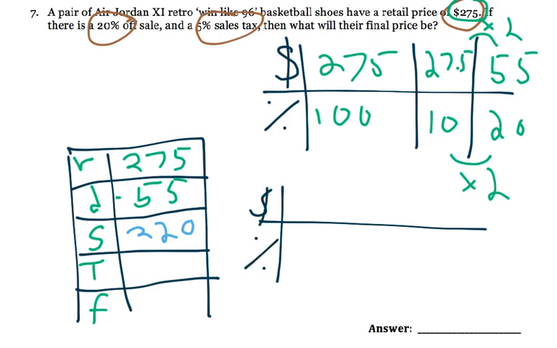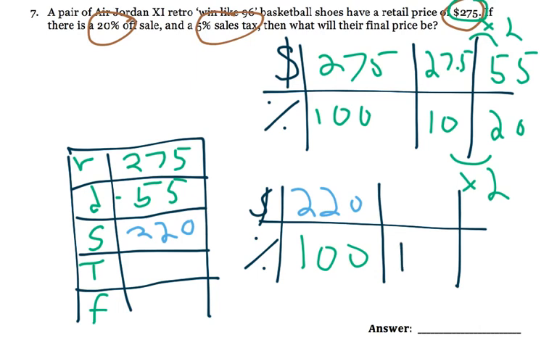So now we find the tax by drawing another ratio table. And remember, the 100% now isn't going to be $275 because we've already deducted our $55 discount from $275 to get to $220. So the 100% is now going to be $220, and we're going to find 5% of that by first dividing by 10 to get to 10, and then dividing by 2 to get to 5.